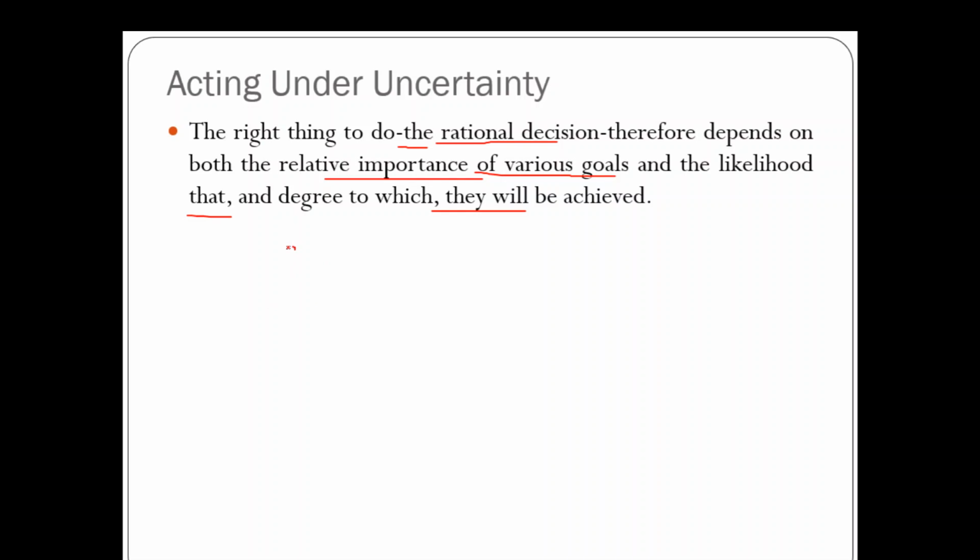So the entire goal itself can be split into several small goals, or you can say performance measures, G1, G2, G3, and so on. There can be many goals. So the rational decision actually depends on the relative importance of various goals.